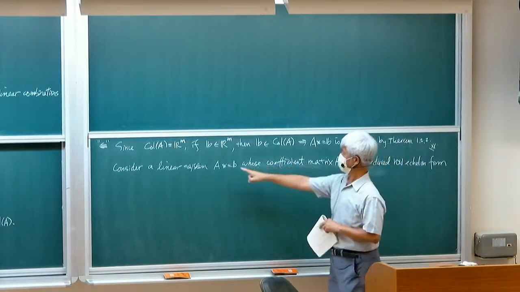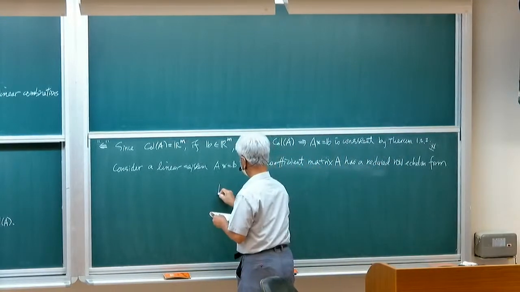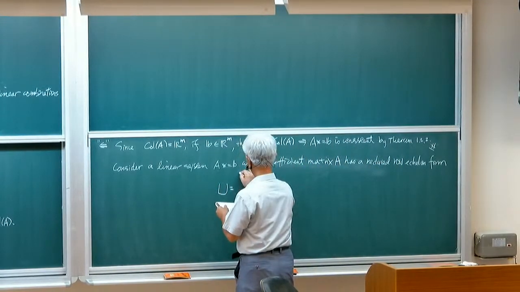Okay, so the matrix A has a reduced row echelon form U. Okay.